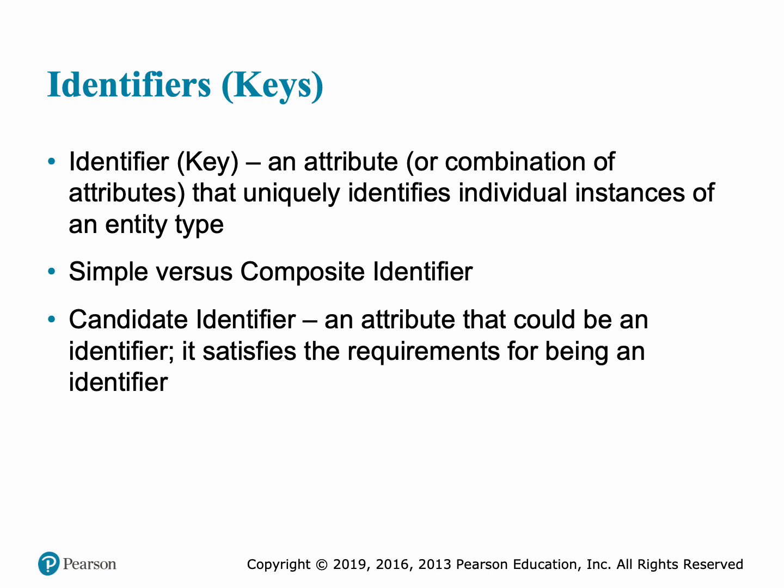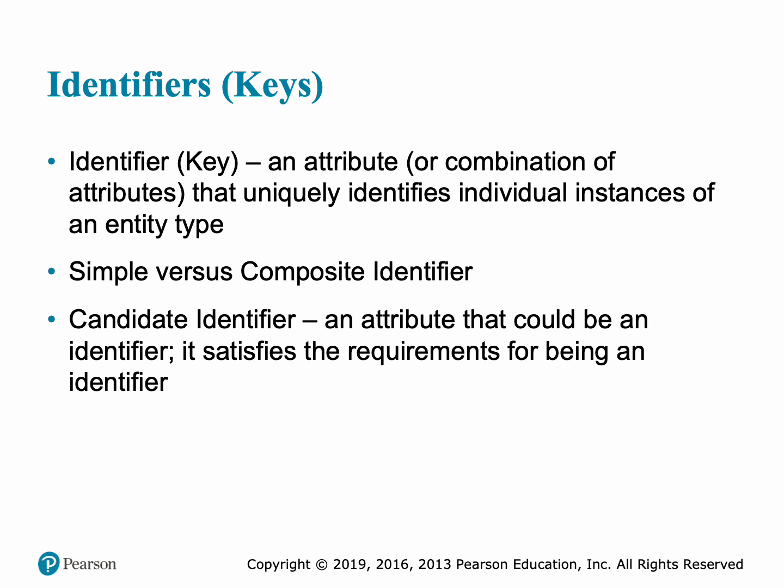Every entity type should have an identifier attribute. No two instances of an entity type may have the same value for the identifier attribute. For example, a person, employee, or student cannot rely on the first and last name to be an identifier, because many people could have the same name.